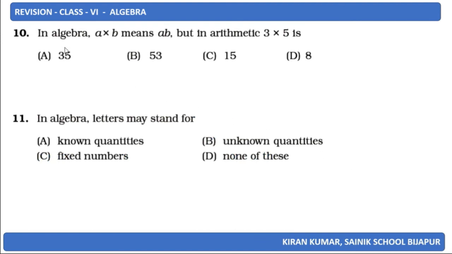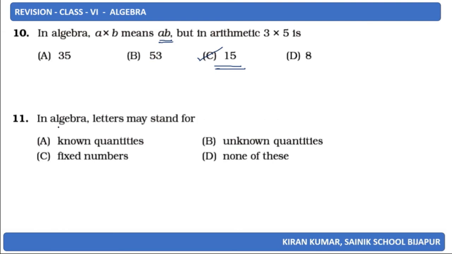Question 10. In algebra, A into B means AB, but in arithmetic 3 into 5 is 15. You will not be writing it as 35, you will be writing it as 15. Only in algebra do we write the combination AB.